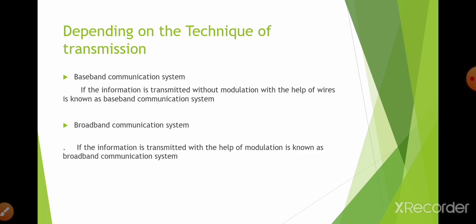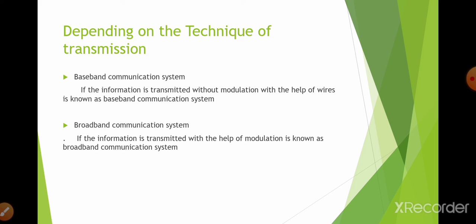In this communication system, the wire is not used. Instead of wire, free space is used for the communication. In this system, modulation is required for the modification of signal. Hence, if the information is transmitted with the help of modulation, it is known as broadband communication system.